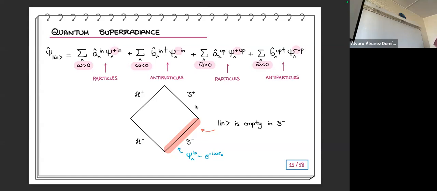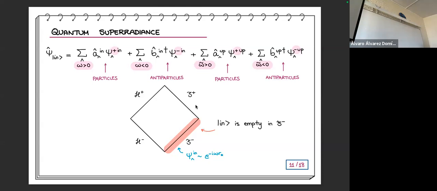Your question is fantastic because the in quantum vacuum is not static. It's representing a dynamic process. So in that sense, it's true that from H minus we have a flux going outwards to a square plus. We are going to see that. That's the reason why we have excitation of particles. Those particles have to come from somewhere, from the horizon, I mean, from the black hole.